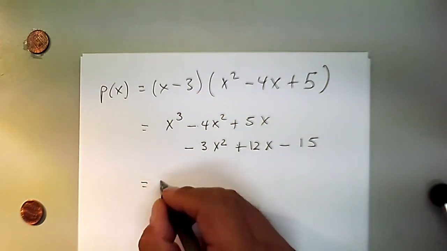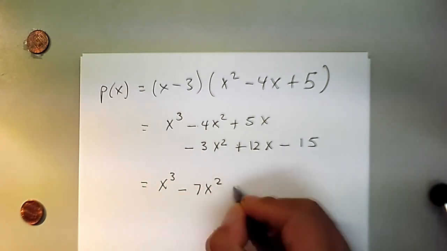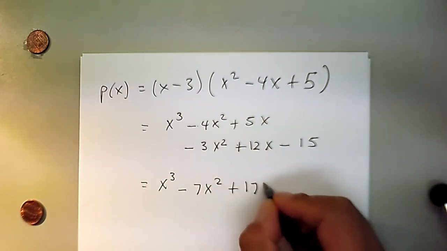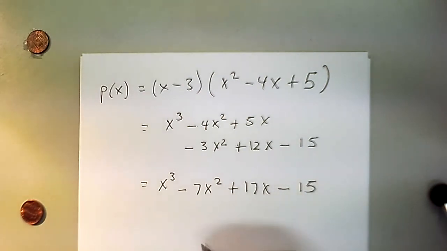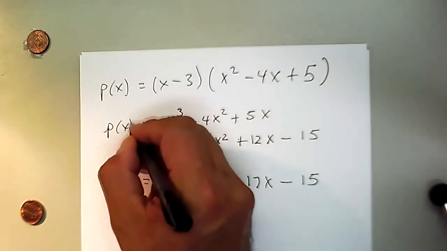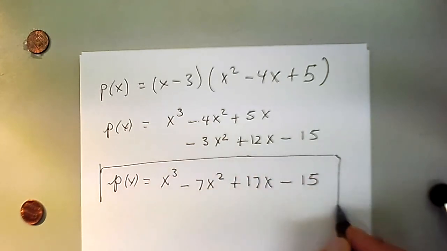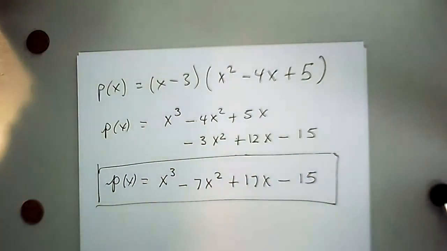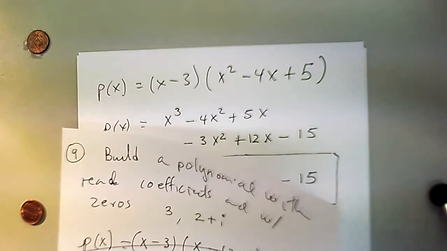So the answer will be x cubed minus 7x squared plus 17x minus 15. And there it is. It's the same. The reason why I put it down here is because I want to box it. There is the answer to example number 9.